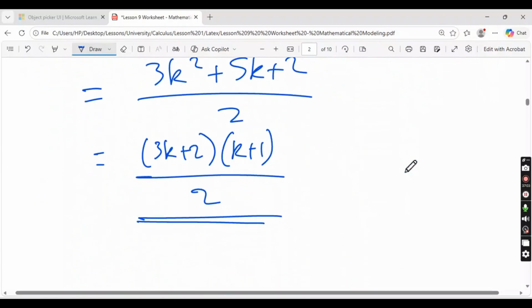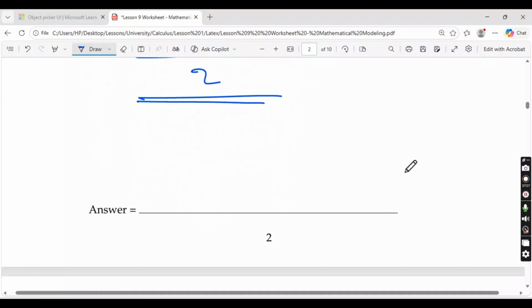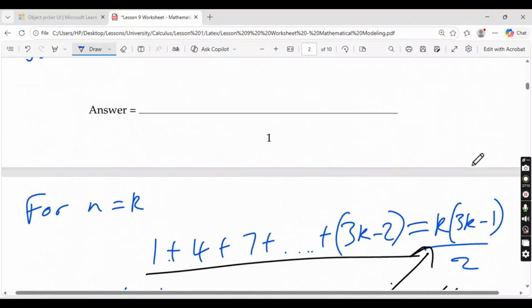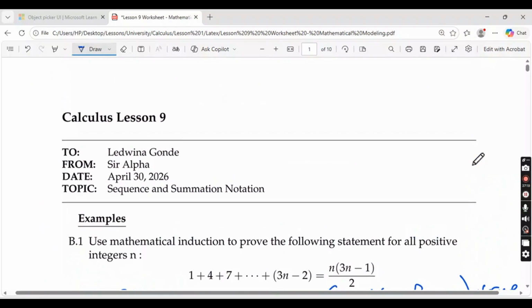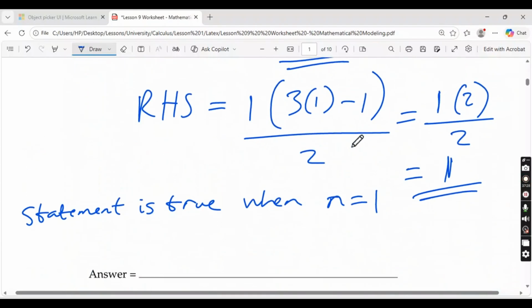Okay, now we have to deal with the right-hand side. So the right-hand side is equal to, let's check, going all the way: k plus 1, open bracket, 3k plus 1 minus 1 over 2.